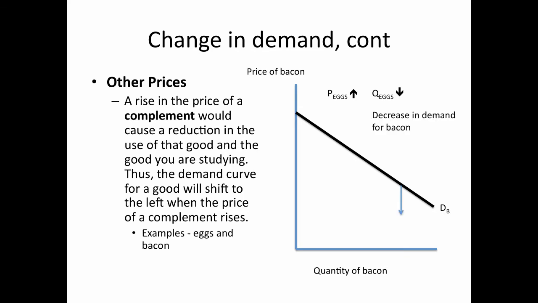And so we capture that by shifting the demand curve for bacon down from dB to dB prime. Now let's think about what would happen if the price of eggs went down. If that happened, the quantity of eggs demanded would go up, and then there would be an increase in demand for bacon, and the demand curve for bacon would shift up.